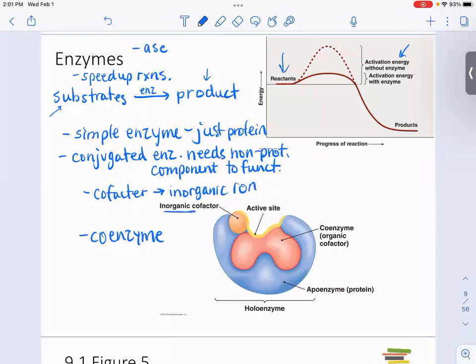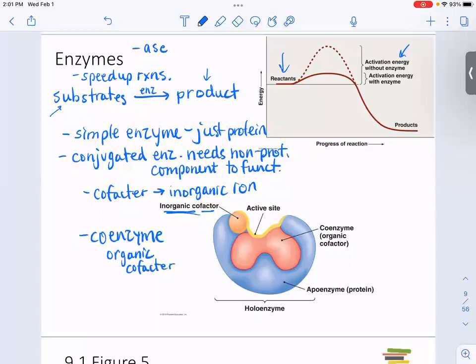It's actually written right there, an inorganic cofactor. That's necessary usually for the active site to be the right shape. And a coenzyme is just a cofactor that's organic. Remember, it's got carbon and hydrogen bonds.